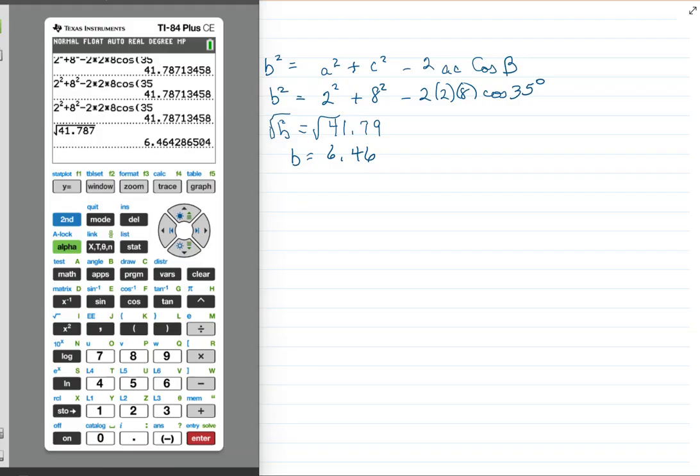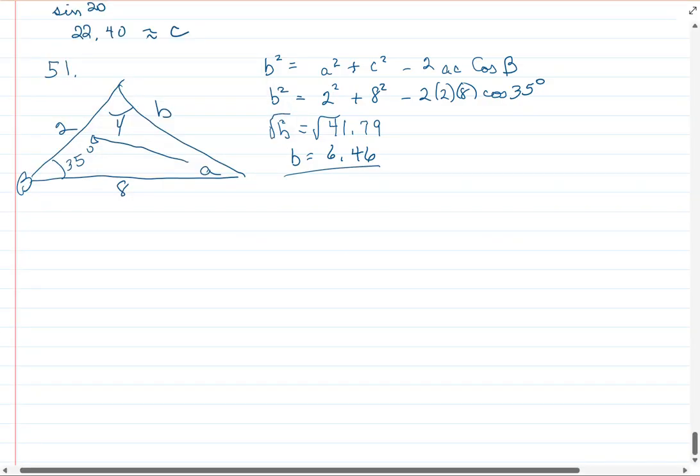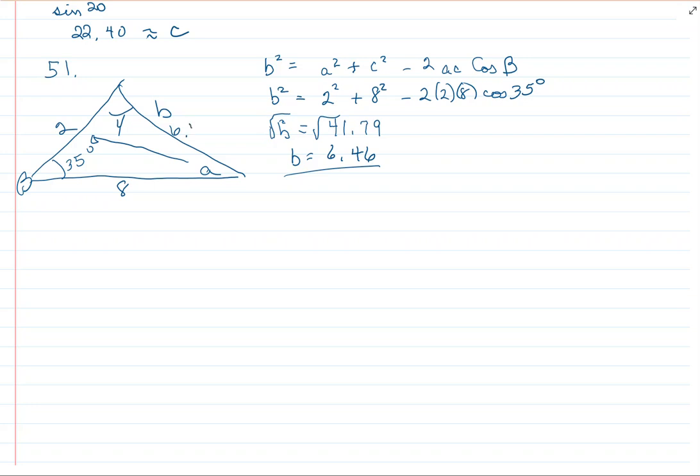Okay, now that I have this, I have the B. I can do this as my identity for sine, because I need an angle. I'm going to do 6.46 is to sine 35 as, and I have my A, 2 is to sine A. I wrote it wrong again, but that's okay.